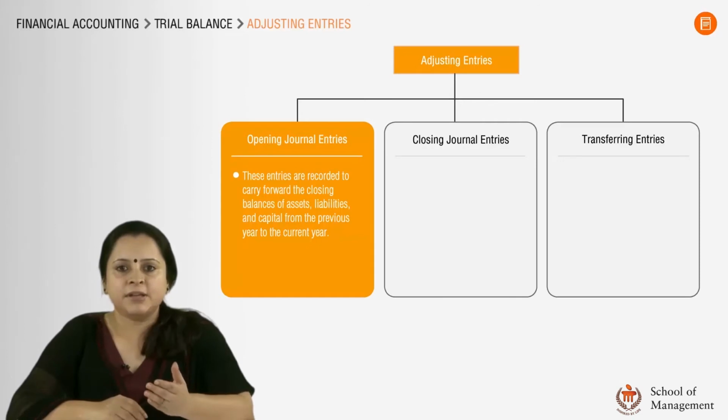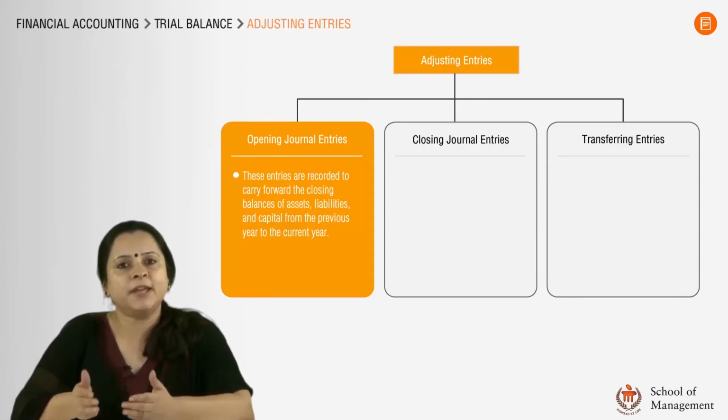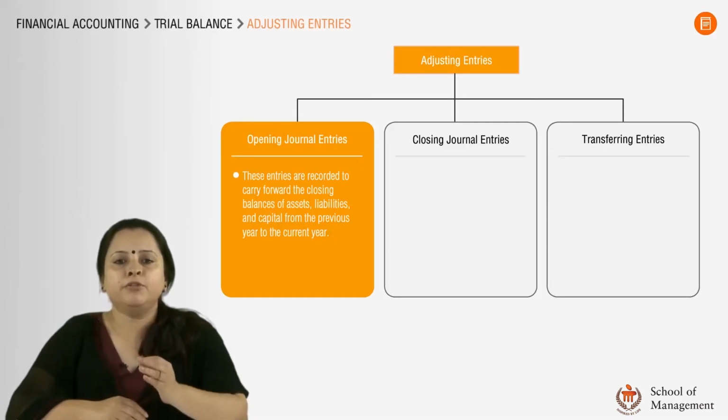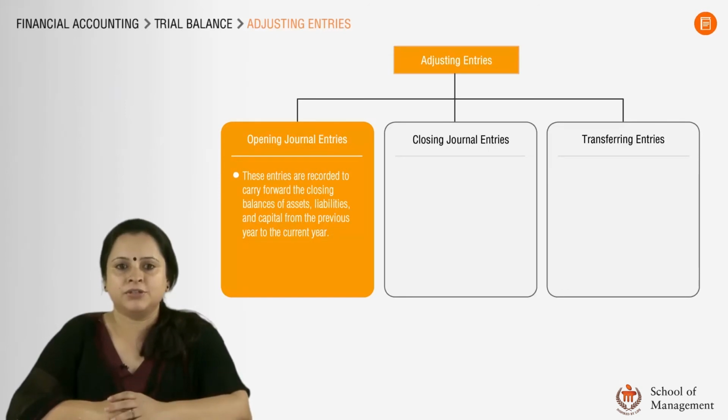Assets like buildings account or land account or machinery account have useful life of several years and hence their account balances need to be carried forward year after year. Similarly, liabilities have to be carried forward till they are fully paid off by the organization.